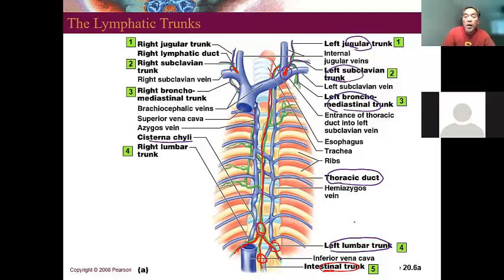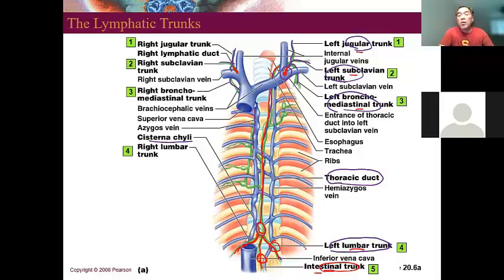So the 5 trunks that we trace going to the ducts are the jugular, the subclavian, the bronchomediastinal, the lumbar and the intestinal trunk. Okay, 5 of them, right?